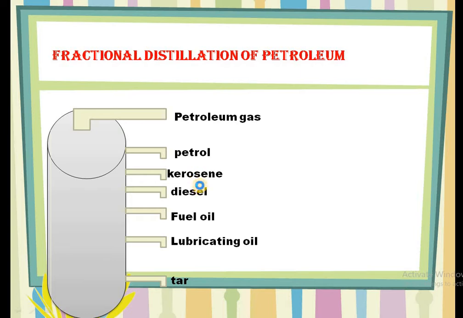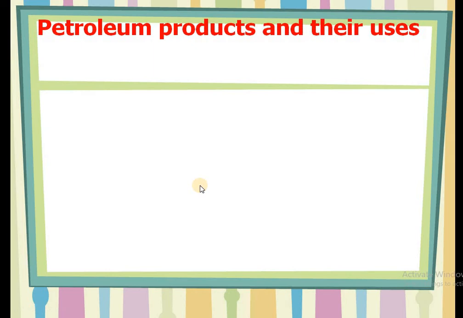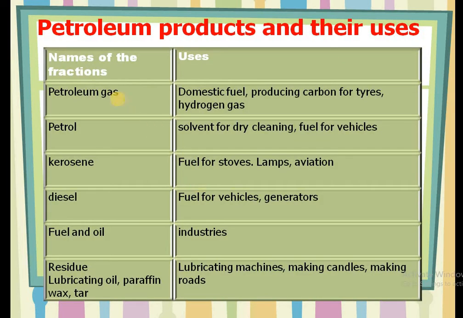Now let us see what they are used for. Petroleum gas is very common. It is used for domestic fuel, producing carbon for tires, hydrogen gas, etc. Petrol is used as fuel for vehicles and also as a solvent for dry cleaning.